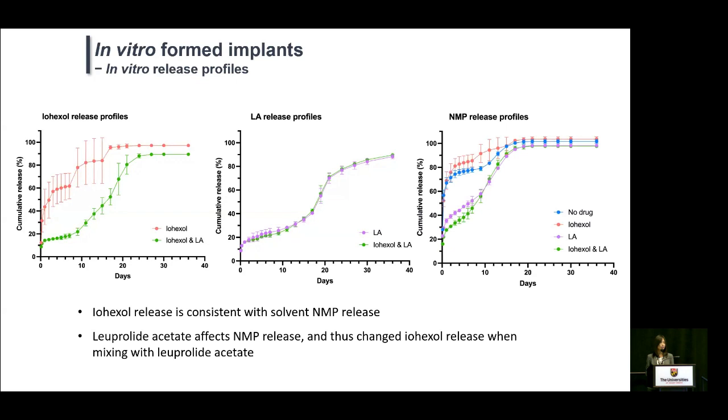Then when the NMP goes to the mixtures with LA, lupulin acetate by itself or in a mixture, the NMP release, the solvent release, is drastically changed. That release is quite slow, consistent with iHexol and the lupulin acetate. That just shows that when you have the lupulin acetate, it influences the polymer in the implant formation, and it slows down all the drug release.